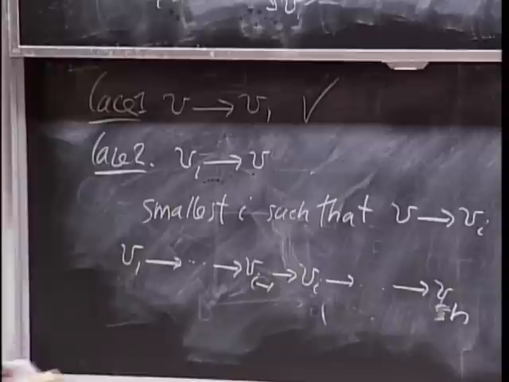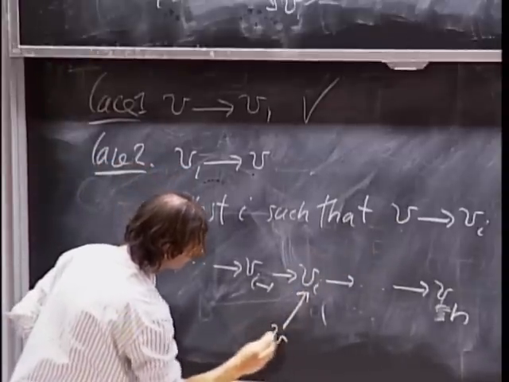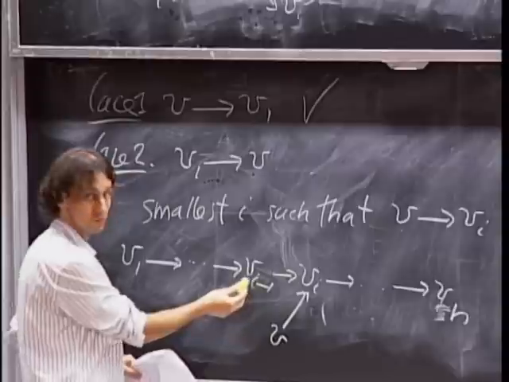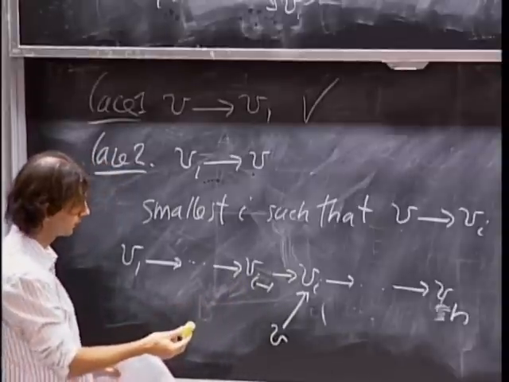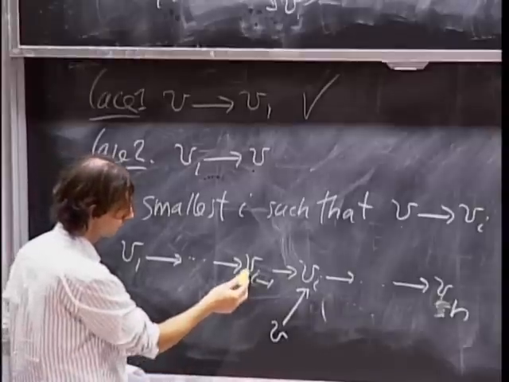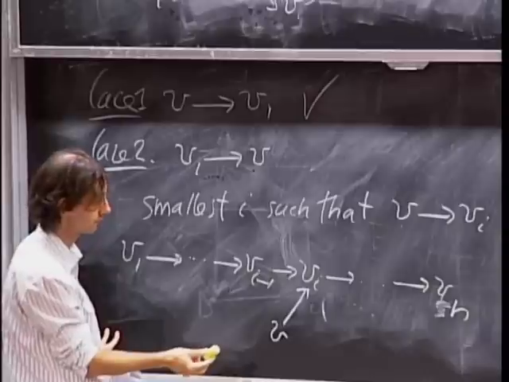So now we can use that V actually beats Vi. Now maybe someone else can help me here. I would like to have that Vi minus 1 beats V, right? That would be fantastic.